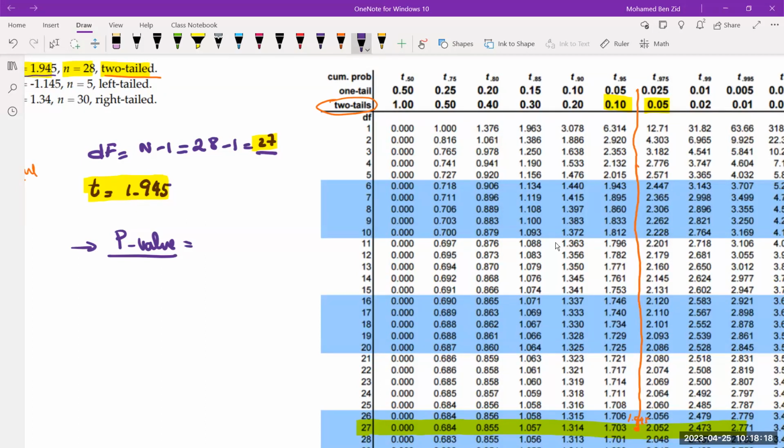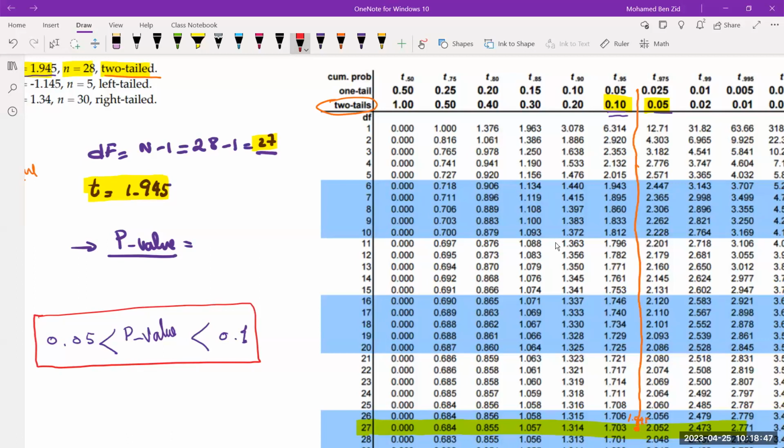First of all, be careful about the values. 0.1 is bigger than 0.05, so you're going to put 0.1 on the right and 0.05 on the left, and the p-value is in between. All right, so this is your interval.